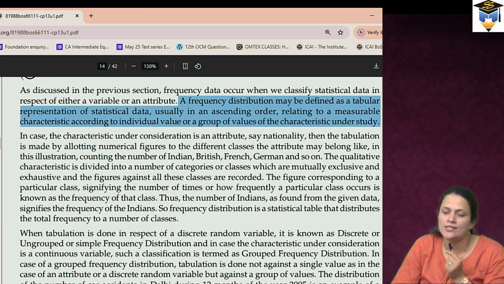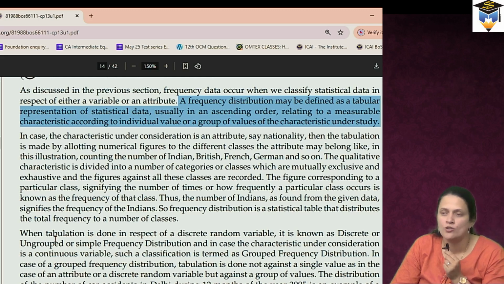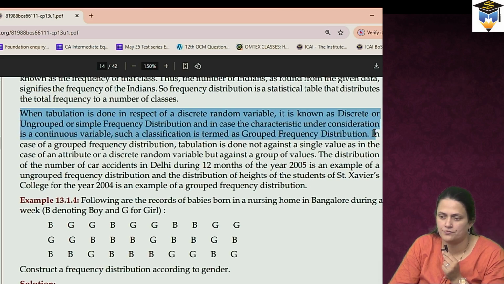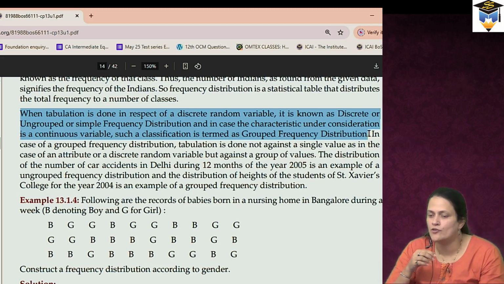So when tabulation is done in respect of a discrete random variable, it is known as discrete or ungrouped data. So finish writing down this part. I'll mark the next one for you. When tabulation is done in respect of a discrete random variable, it is known as discrete or ungrouped or simple frequency distribution.